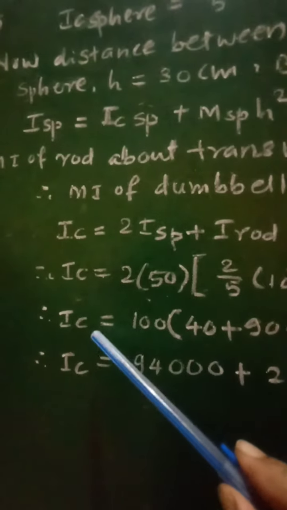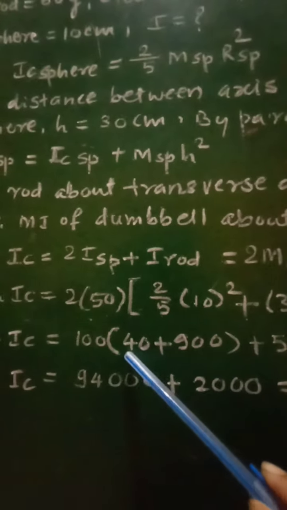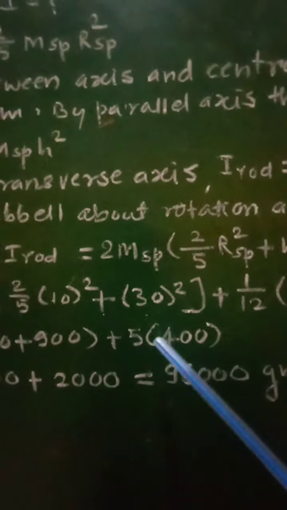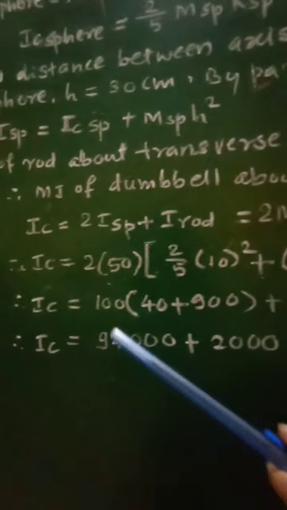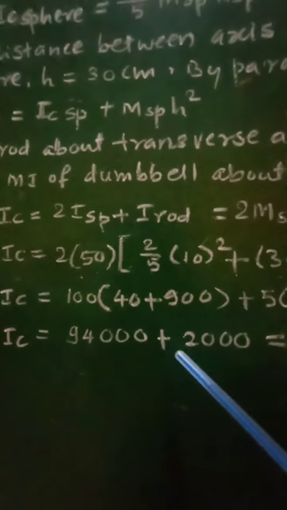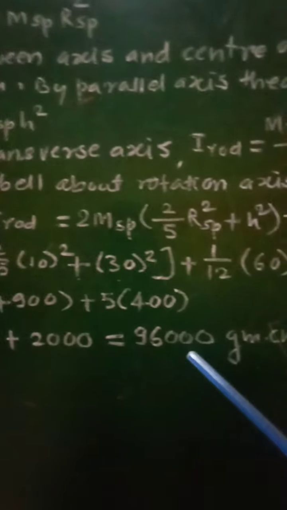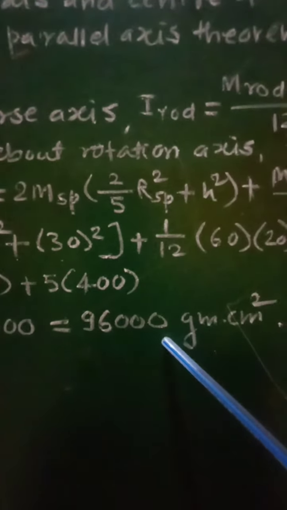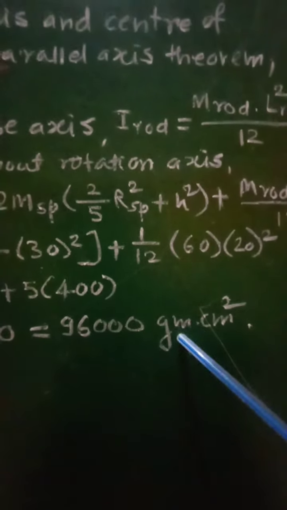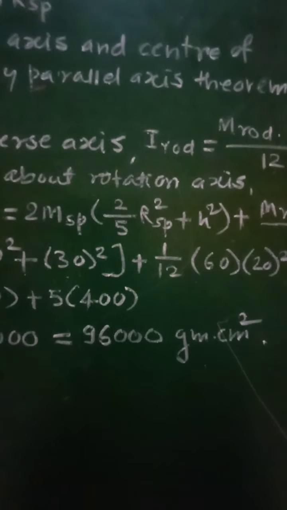Calculating it, IC equals 100 into 40 plus 900, plus 5 into 400, which comes out to be IC equal to 94,000 plus 2,000, which is equal to 96,000 gram centimeter square. This will be the moment of inertia of that dumbbell.